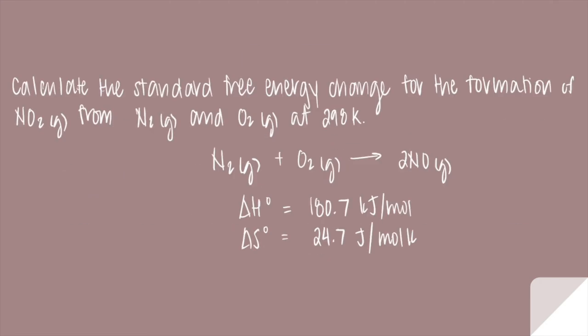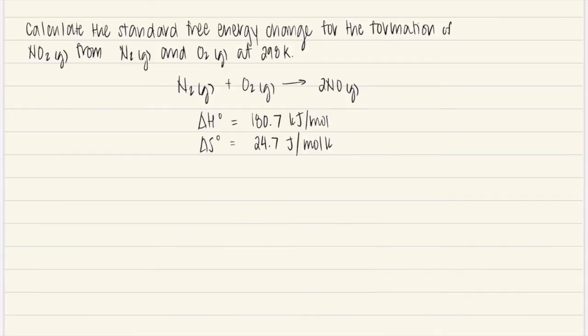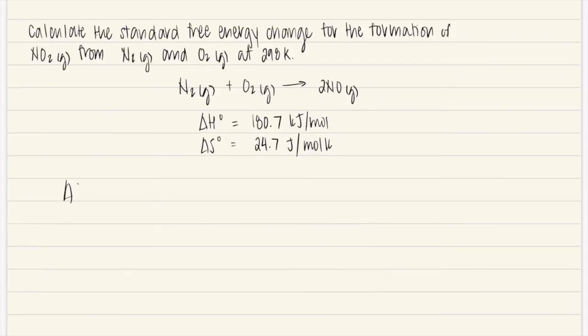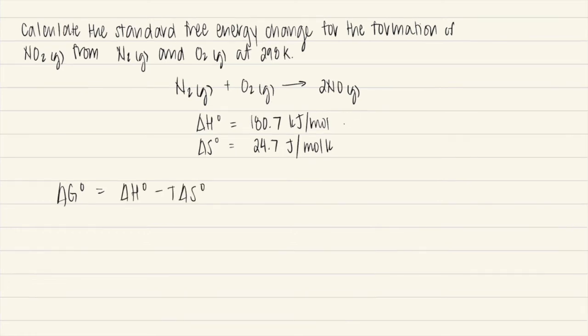Next, we have two word problems. So this is the first one. Calculate the standard free energy change for the formation of nitrogen dioxide from nitrogen and oxygen at 298 Kelvin. Okay, so to find our delta G naught, we can use the equation. So we know our values over here, and we can just plug it into the equation.